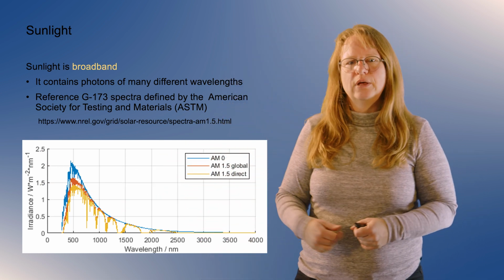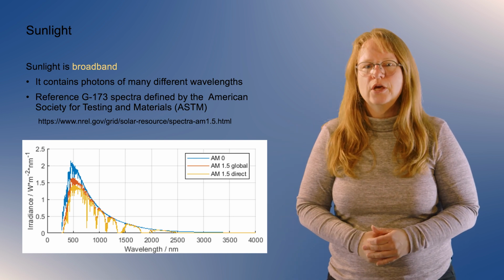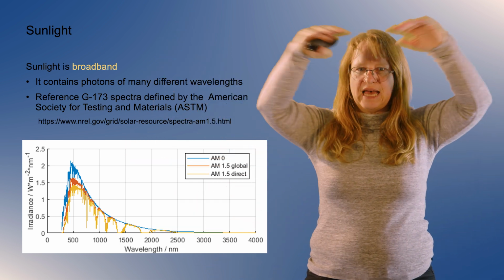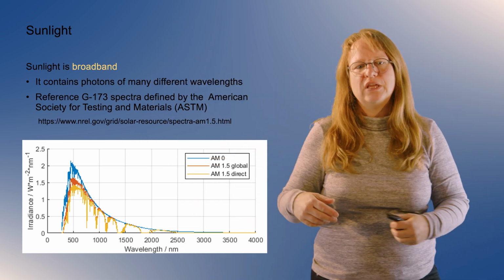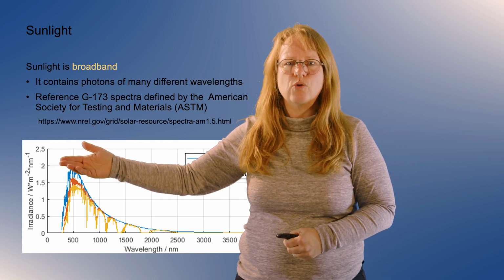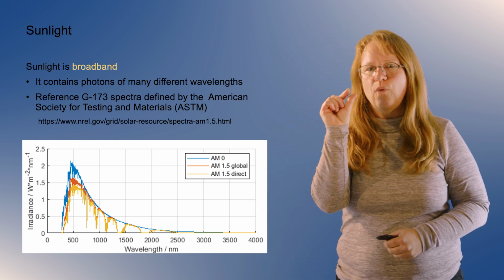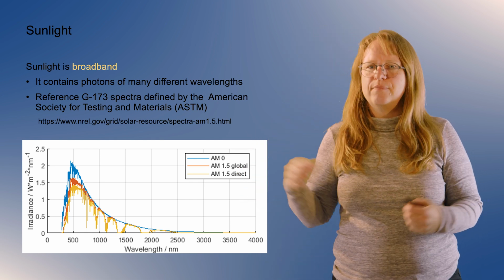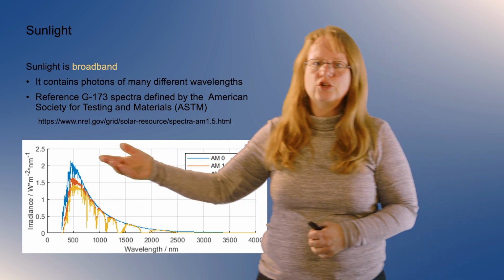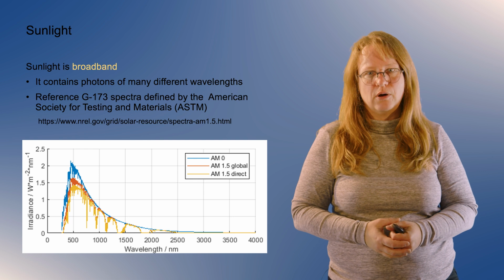That is, if you consider these spectra here and you assume that you have a solar cell that has 1 square meter of size, then for this blue curve here, for example, you get around 2 watt per nanometer of wavelength interval. And that means to know the overall energy that you get from the sun, you then need to integrate over these curves, and that we will do in a different video later on.